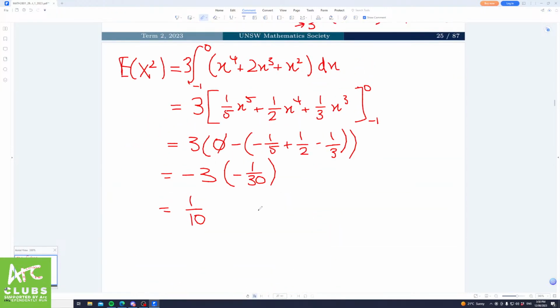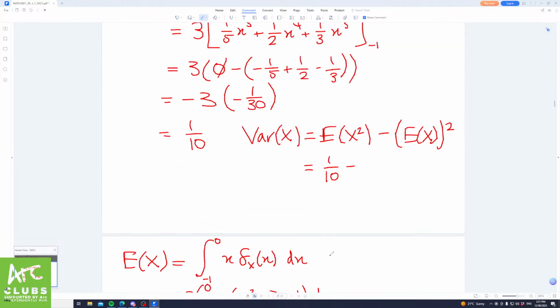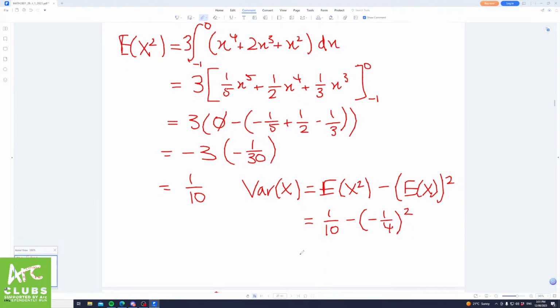And now that we have E of x squared, and we also have E of x from the previous part, we're ready to compute var of x, because var of x is E of x squared minus E of x all squared, which is 1/10 minus, we said the expected value was negative a quarter, so minus negative a quarter all squared, which is a tenth minus a 16th, which is going to be equal to 3 on 80, I believe.